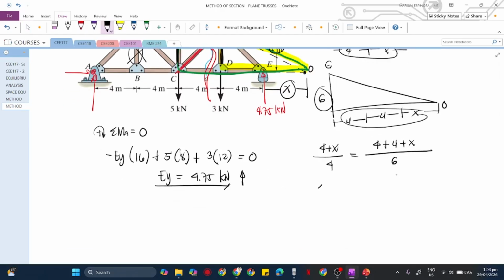So, we have here 4 plus x. Multiply natin yan by 6. So, bali cross multiply natin yan. So, we have here 4 plus 4, that is 8, plus x, no? And then, multiply natin yan by 4. Okay? Now, we have here 6 times 4, which is 24, plus 6 times x, that is 6x. Equivalent yan sa 4 times 8, which is 32, plus 4 times x, which is 4x. Okay?